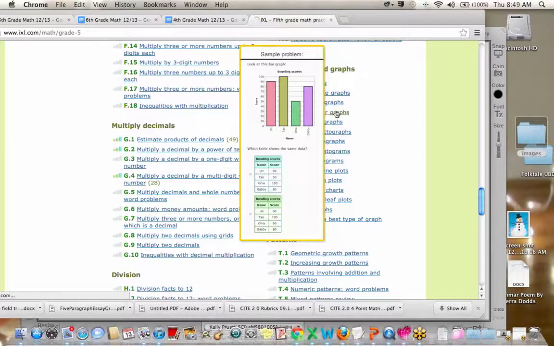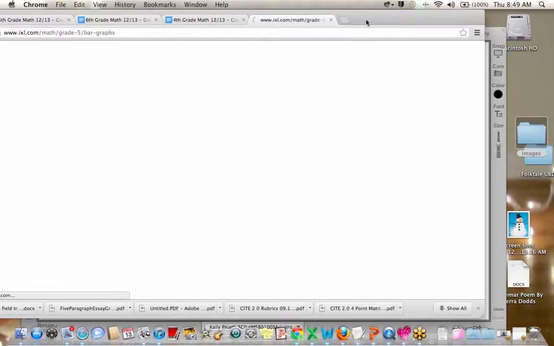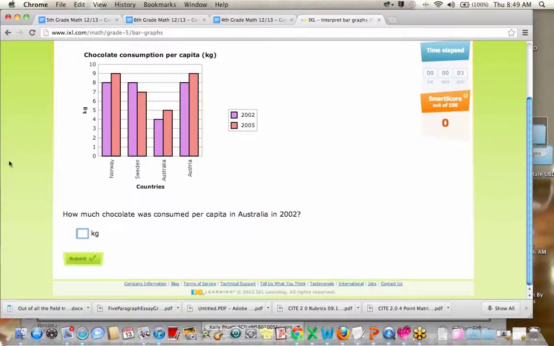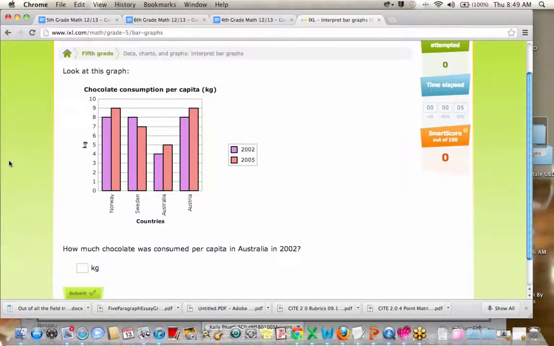So starting off easy. It's taking a minute to load. There we go. All right, so this bar graph is showing chocolate consumption per capita.